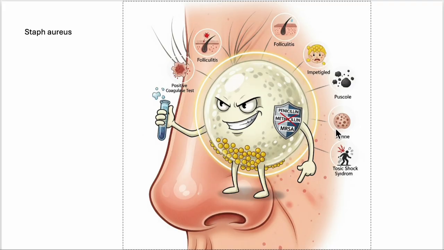It is a common cause of acne. It's normal flora, and it can cause toxic shock syndrome from toxin 1, I think it is. Yeah, TSST-1 for the cytokine storm.